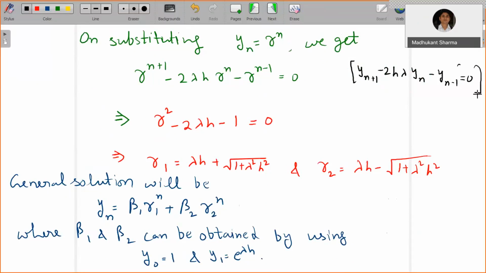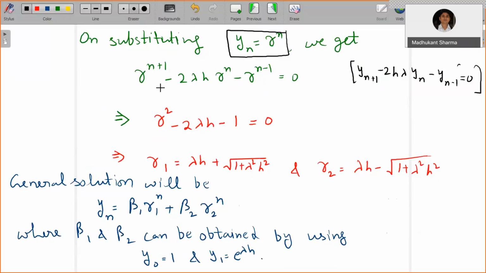Now replace y_n with r^n, so y_{n-1} is r^(n-1) and y_{n+1} is r^(n+1). This is the same thing we did for solving second order differential equations with constant coefficients. We substituted y equals e to the power lambda x and then found the roots of the auxiliary equation. Similarly here, we assume the solution is of the type y_n equals r^n for the given difference equation.